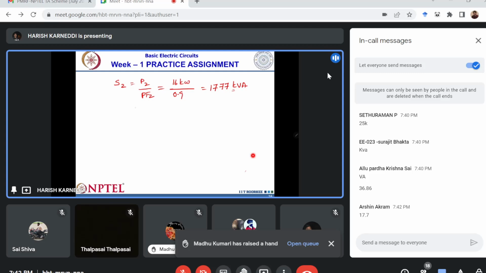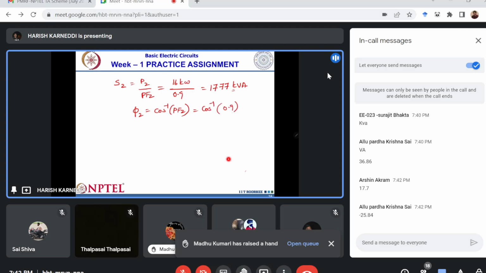And coming to the phase angle, phi 2 equal to cos inverse of power factor 2, that is cos inverse of 0.9. What is the value of cos inverse 0.9?